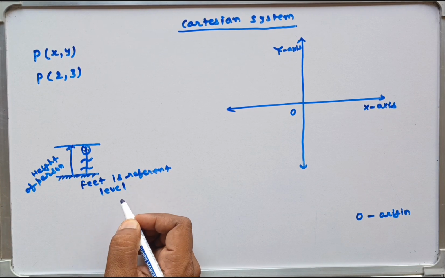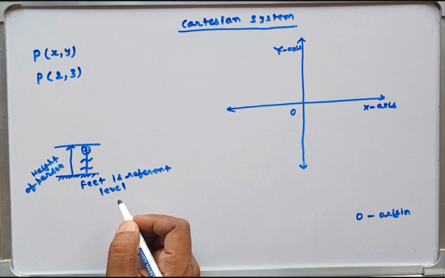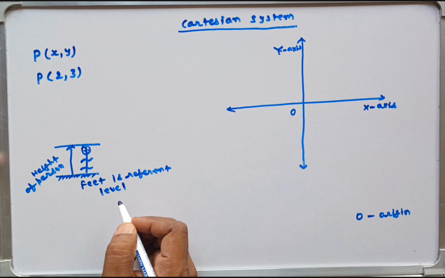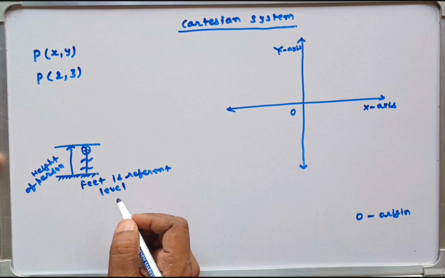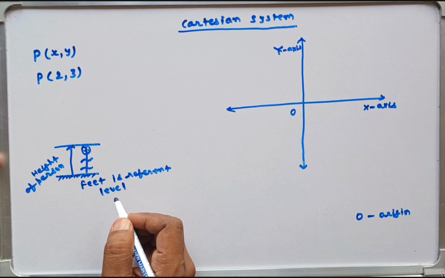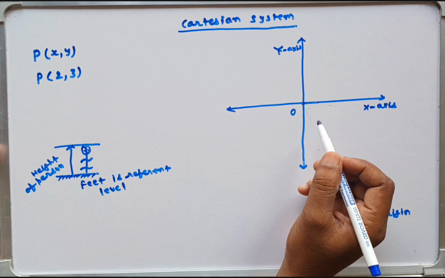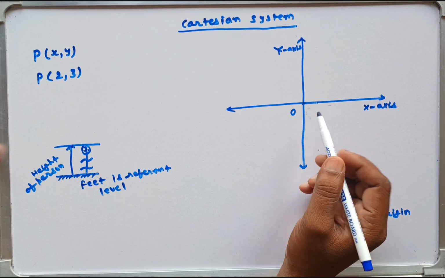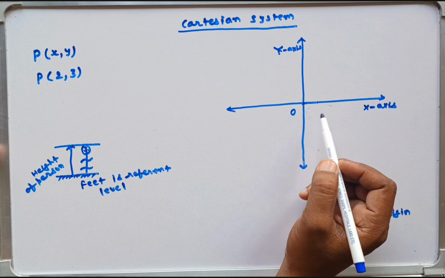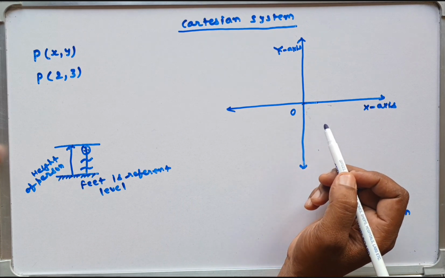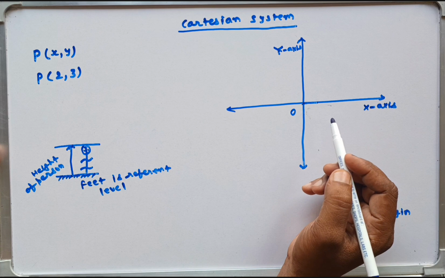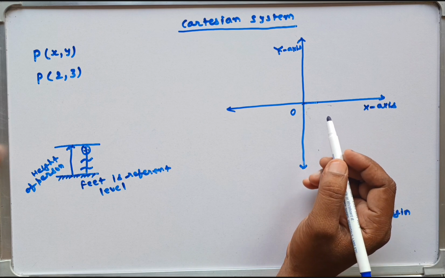Okay guys, in the Cartesian system or any system, first we assign a reference. Here in this case the point of intersection of two lines is known as the reference point.